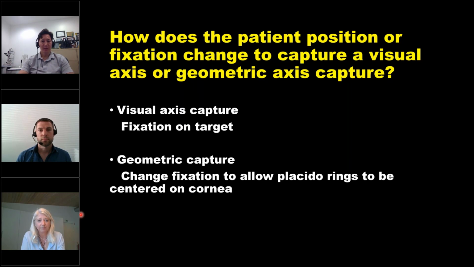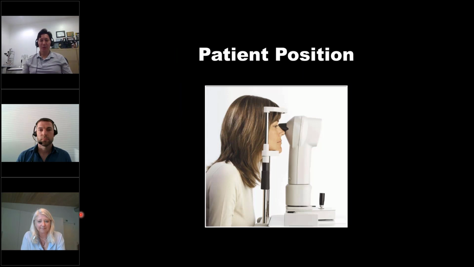Great, thank you, Meta. So as far as patient position goes, the position of the nose, the position of the chin, whether it's straight on or to the right or left, does that change at all when you're doing a visual axis or a geometric capture? Speaking purely about head position, not eye position.